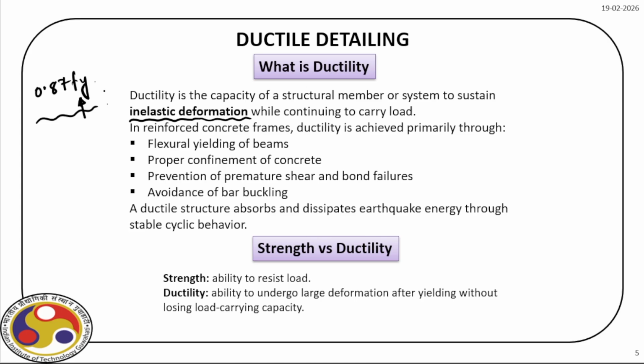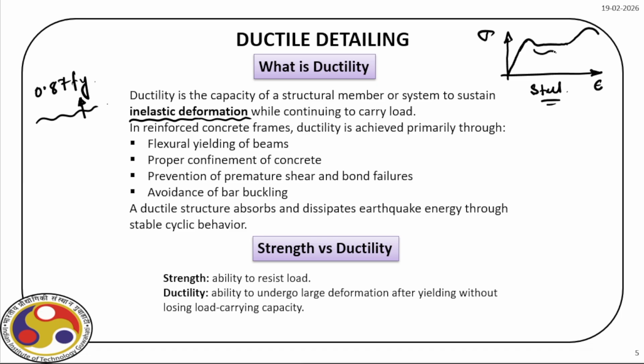Now, beyond this, what happens? We experience inelastic deformation. And if you recall the schematic diagram of the stress strain behavior of steel, we have initially a straight part, then it goes up, and then there is a valley part, and then finally it breaks. This is a schematic diagram of stress strain of steel.